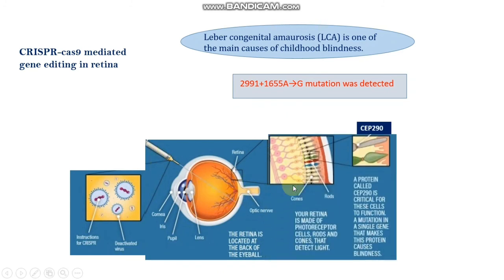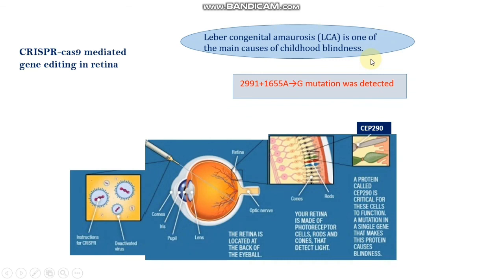The protein that I was talking about is CEP290, and this protein is very essential for cone and rod cell function. When some point mutation occurs, this protein's production is suppressed. For that reason this disease occurs, and the outcome is very complicated, that is childhood blindness.